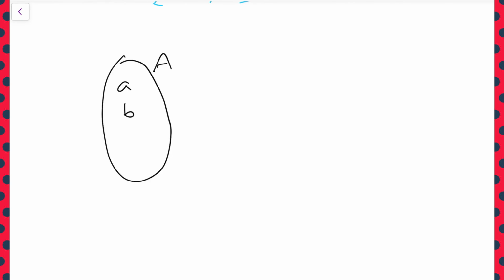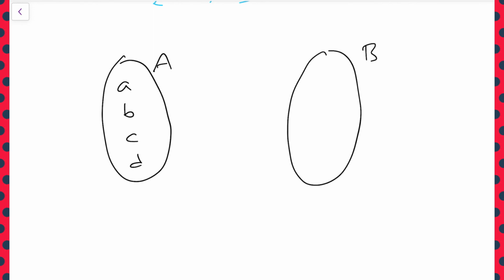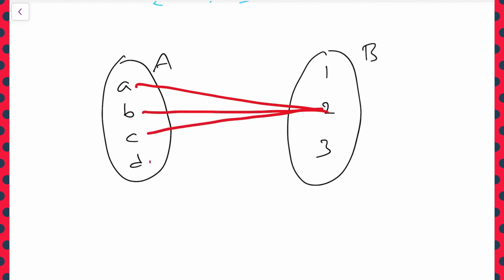Next example related to constant function. We have set A as {a, b, c, d} and set B as {1, 2, 3}. The function is defined as (a, 2), (b, 2), (c, 2), as well as (d, 2).